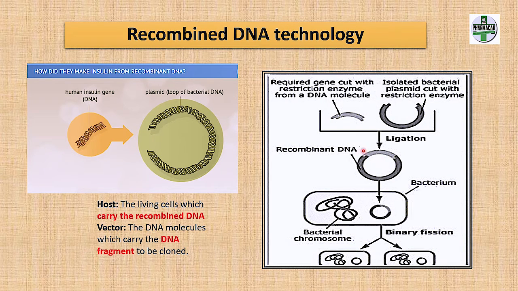Now let's look at the word recombinant. From this example we get to know that recombining involves combining two different DNA molecules, and now we will learn how to break this fragment, how to join it, and how to insert it.